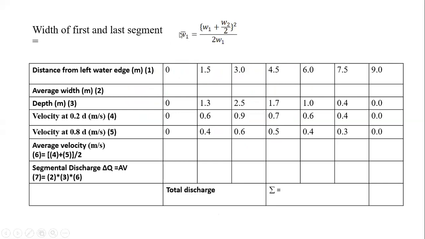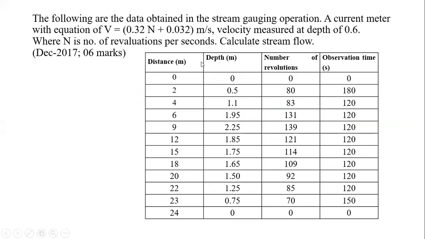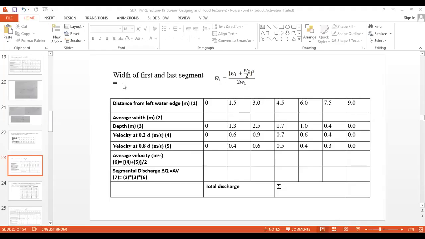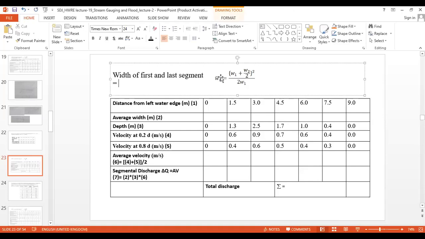So the width of first and last segment will be W1. Just a minute. Here we are. So W1 or the last one is equal to the width of the first one or the last one plus the width of the second one or the second last one upon 2, bracket square, upon 2 times the width of the first one or last one.